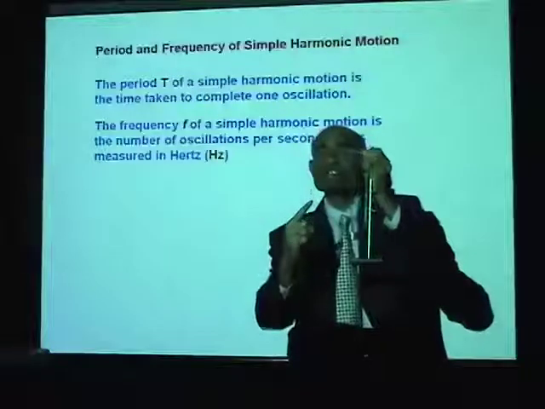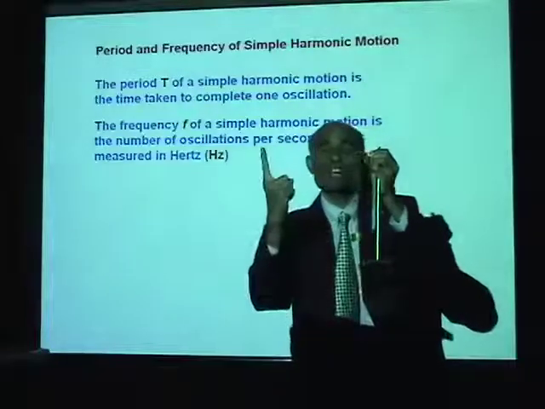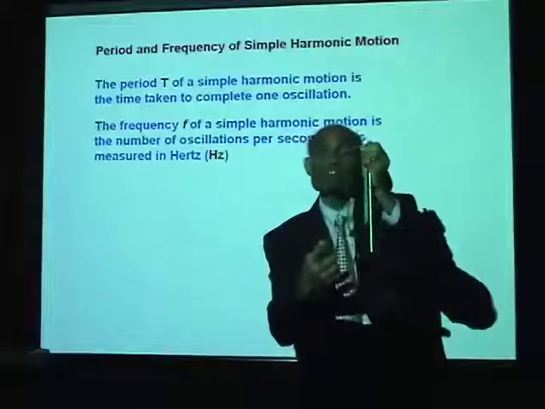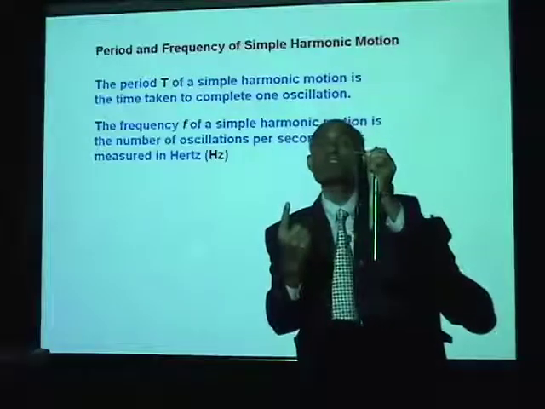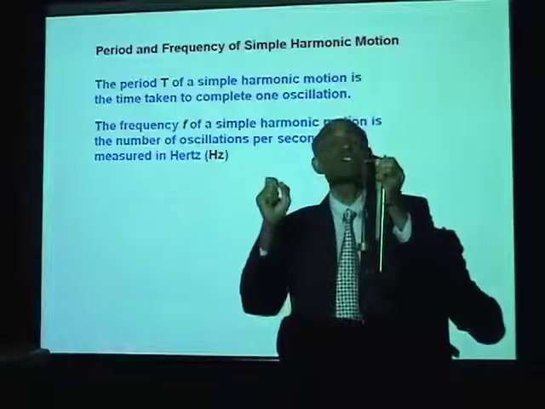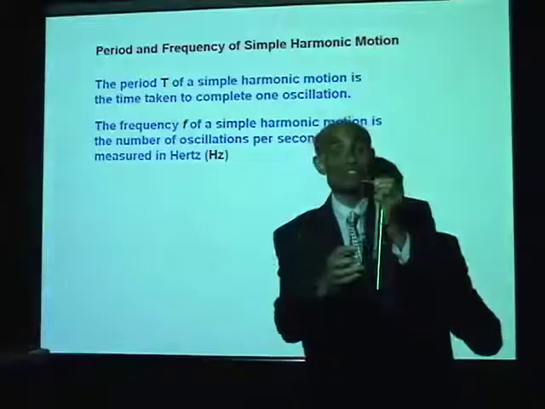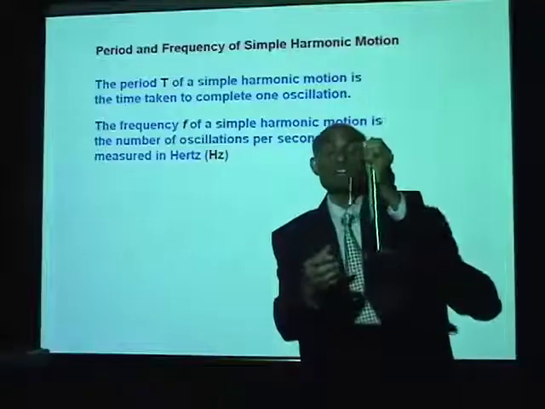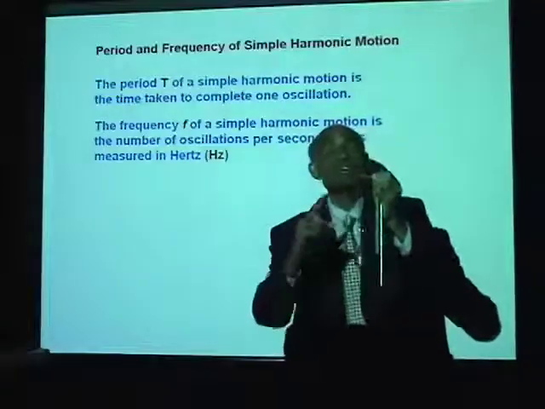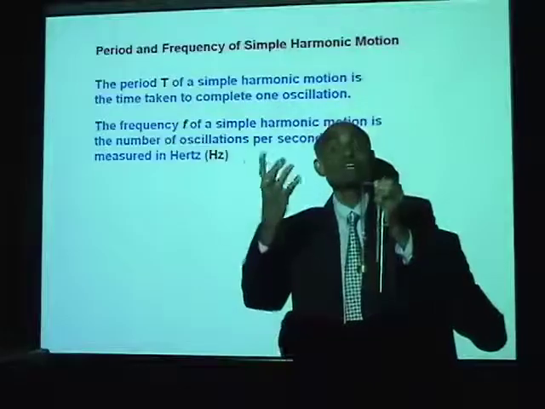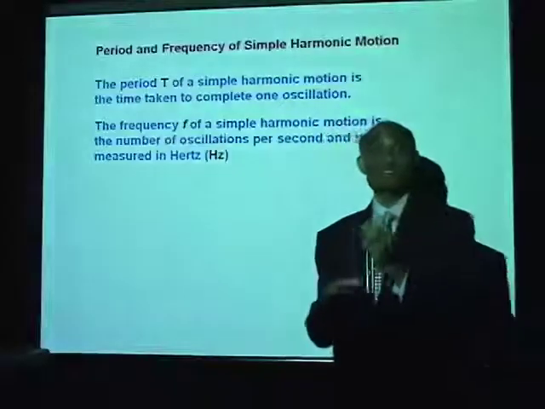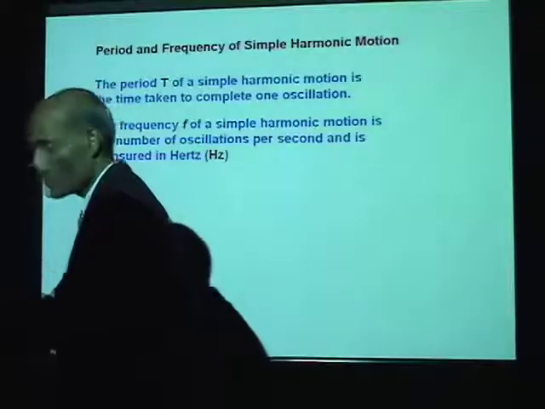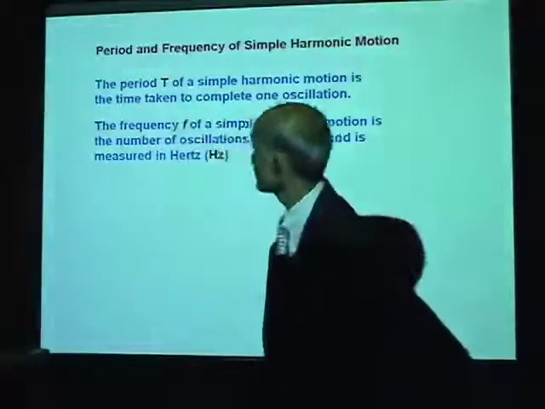Tell me, what is the time taken for one oscillation? If it does 3 oscillations in 1 second, the time taken for one oscillation is 1/3 of a second. If it does 5 oscillations in 1 second, the time taken to do one oscillation is 1/5 of a second. Can you give me a relation between period and frequency?